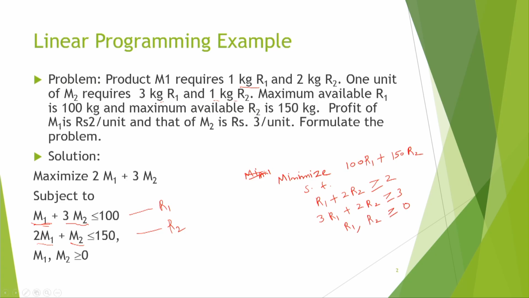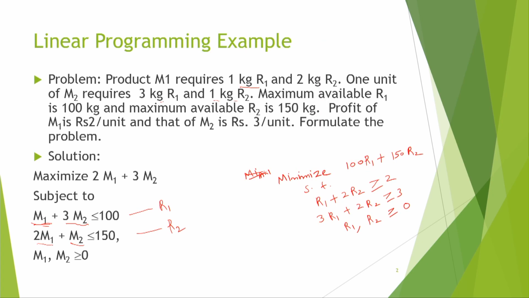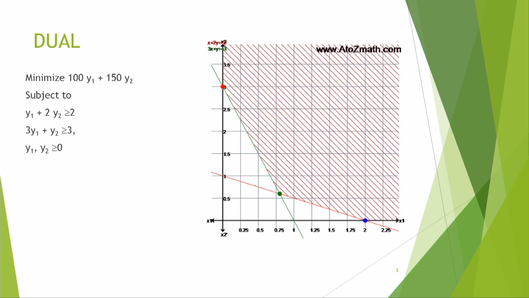So I said minimize 100 Y1 plus 150 Y2, using Y1, Y2 as symbols.